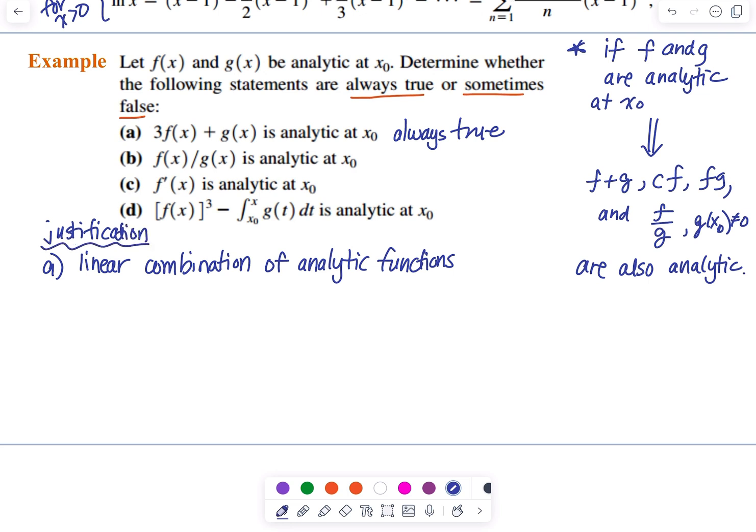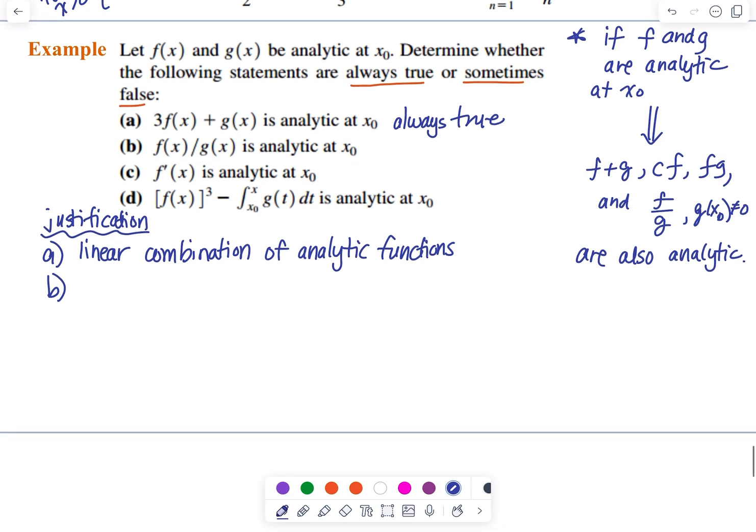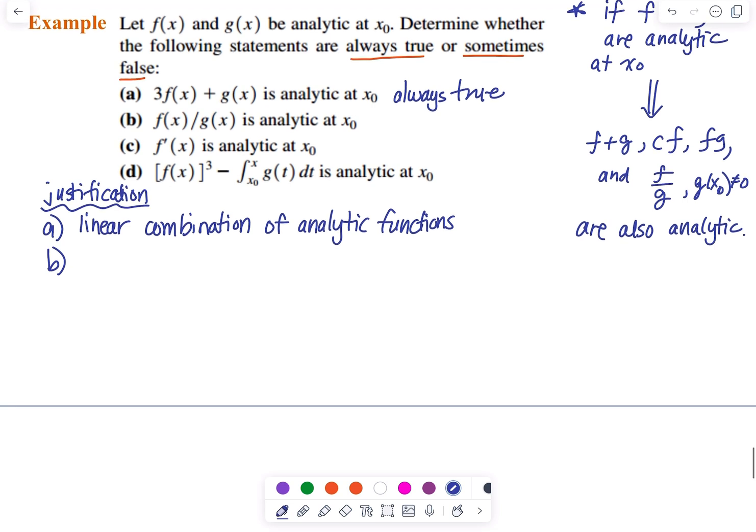In part B, we have f divided by g of x, and of course, this function, f divided by g, will be analytic, but only hold true if the denominator, g of x, is not equal to 0.